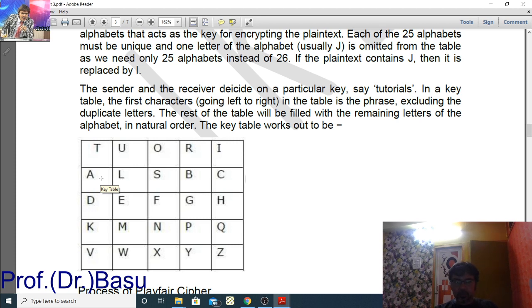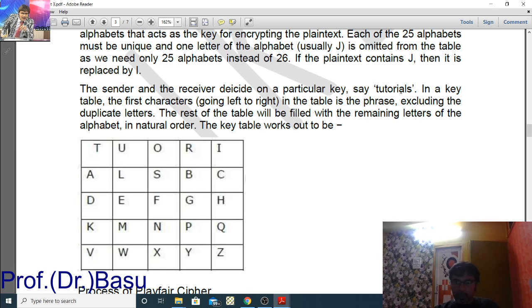Okay, so R, I already occurred, then A we will be putting over here, and so consecutive rooms will be filled up, right? This is the row major method. The row major method will be putting the characters, skipping the duplicate letters or characters.